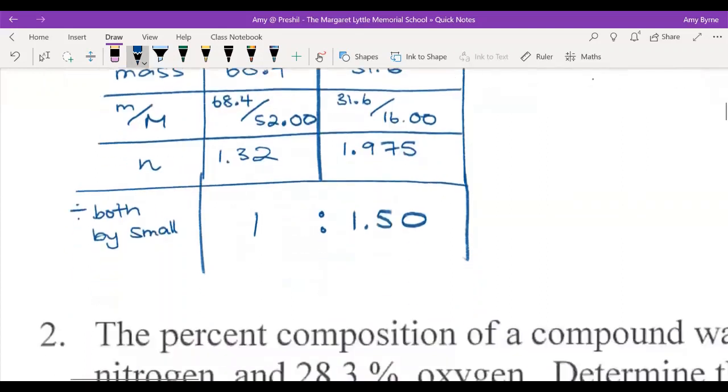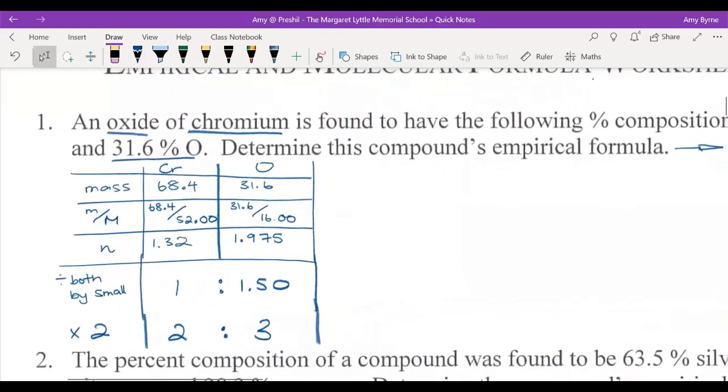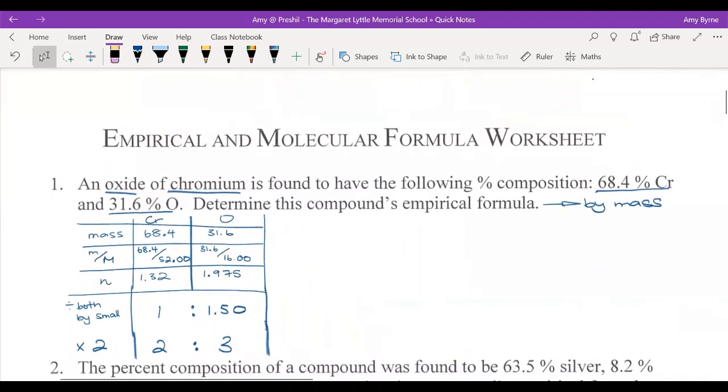Now again, having half of an atom does not make sense. So logically that means I should just multiply everything by 2 to say that I have 2 chromiums for every 3 oxygens. So I have just calculated the ratio of atoms of chromium to atoms of oxygen in this compound, which means that it has an empirical formula of Cr2O3.